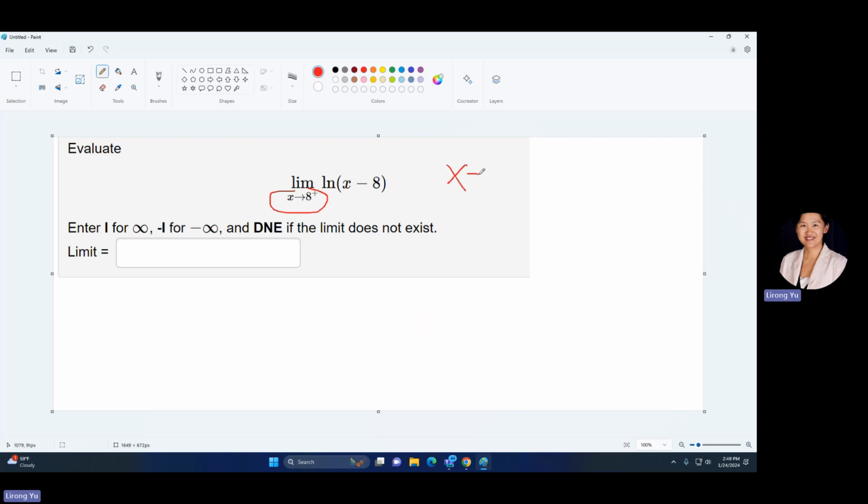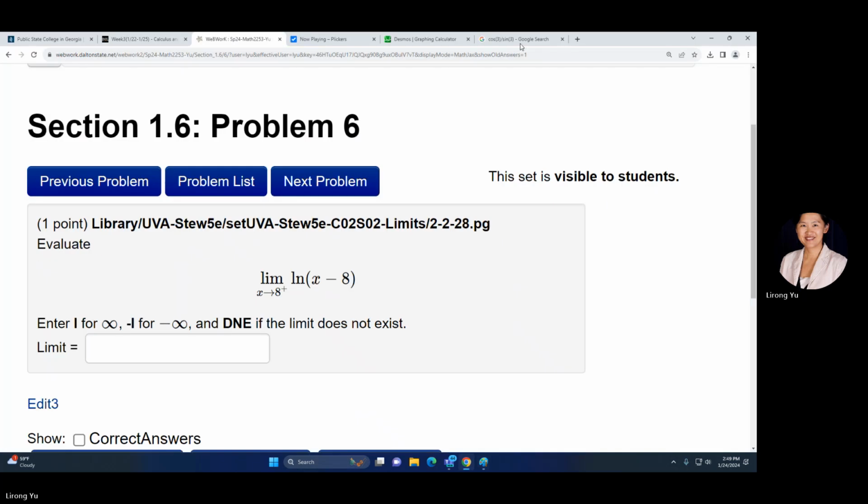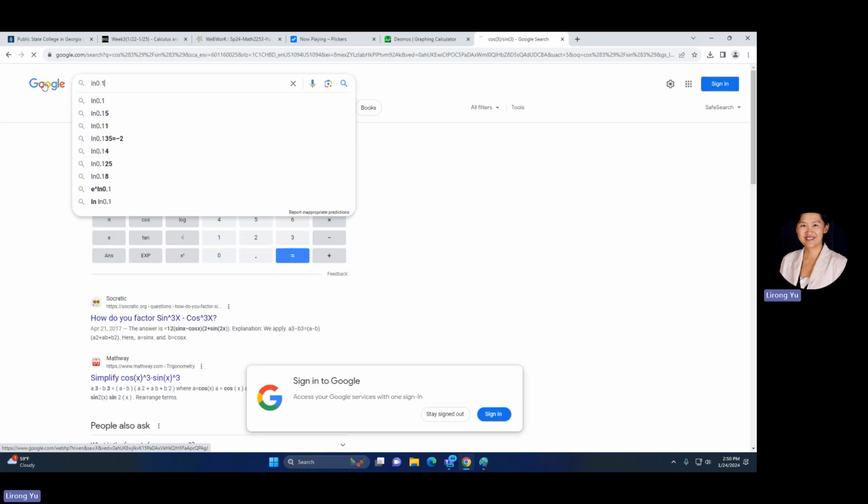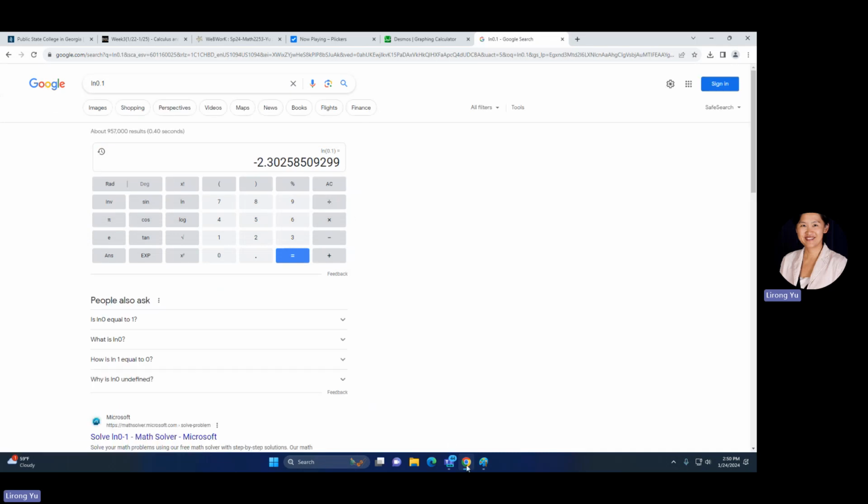So we can try x equal to 8.1. Then you can see what the number is: ln of 8.1 minus 8. To calculate this, it's going to be logarithm of 0.1. And that should be negative. So this is going to be negative, ln of 0.1, negative 2.3.